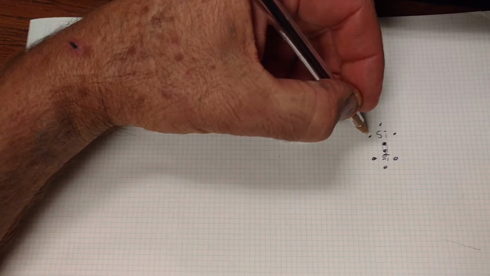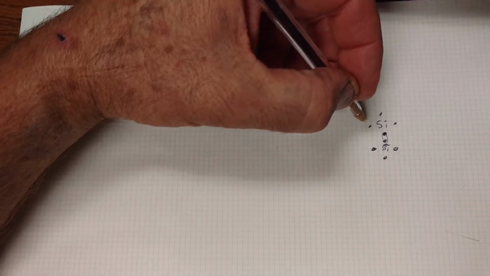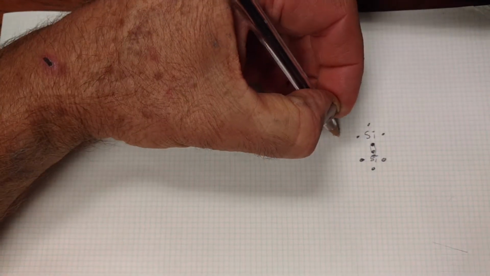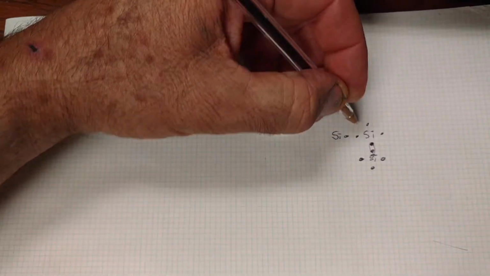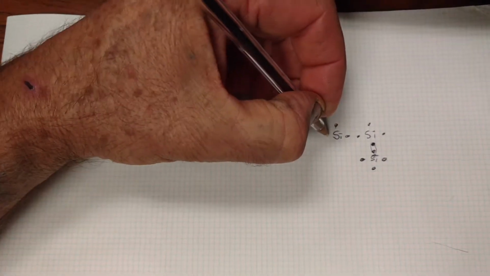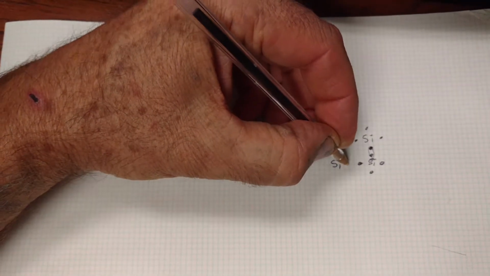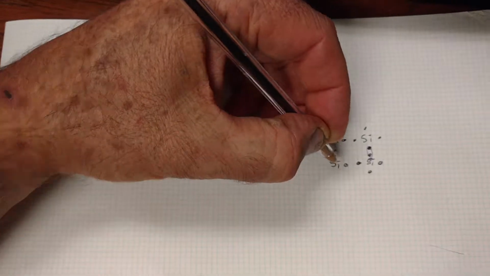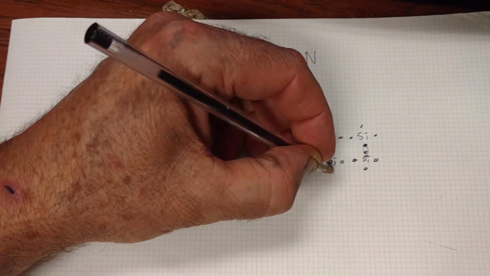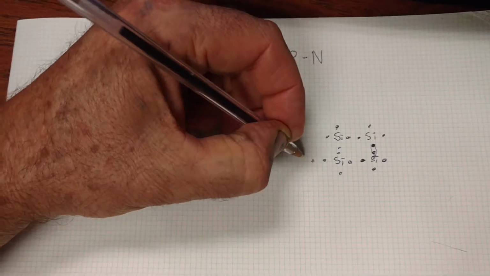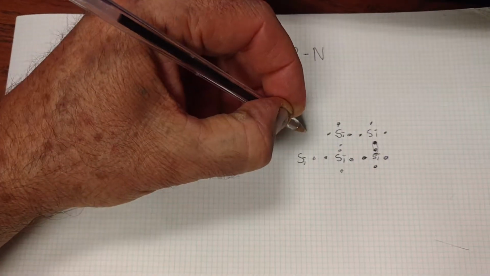Alright, so I could do this in 3 dimensions somehow, but I'm on a piece of paper which is flat, so I'm just going to start drawing a bunch of these silicons, see where it gets me. Yeah, and this can just keep going for a long time.